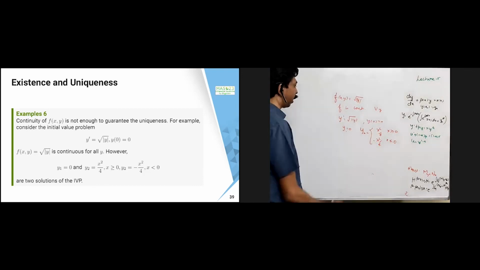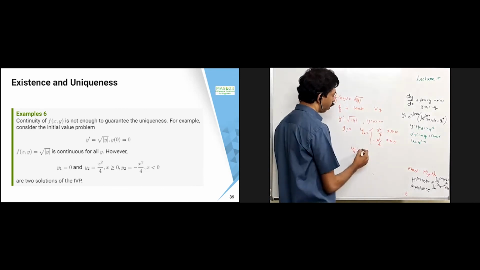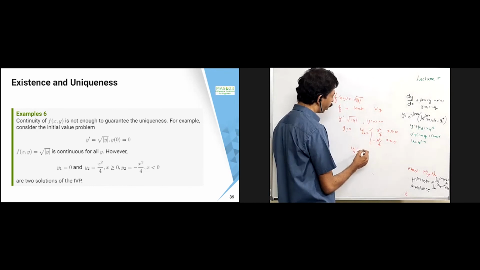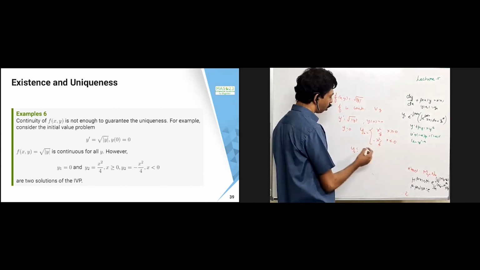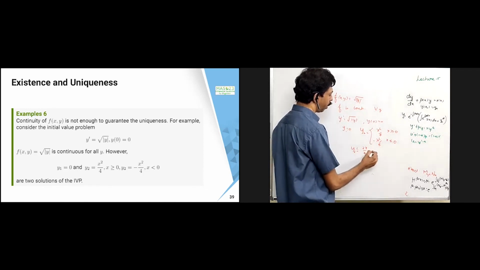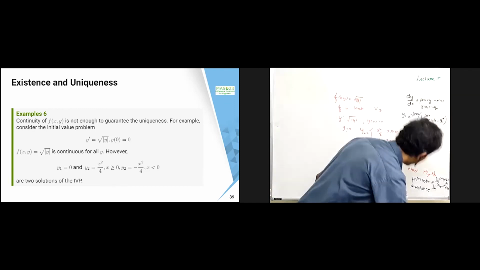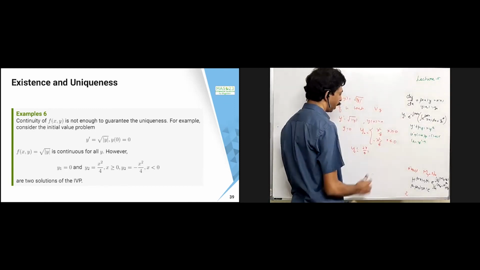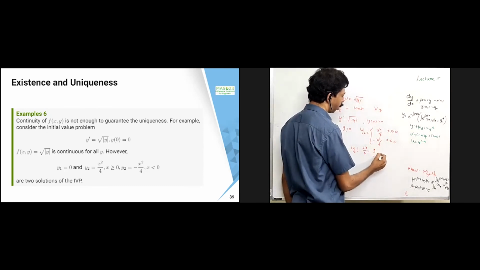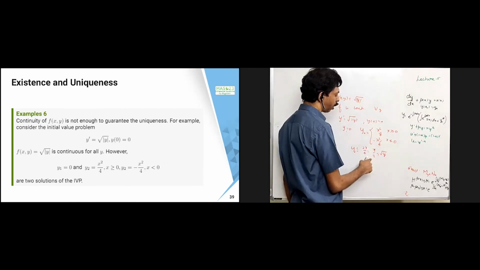In this case you can check what y2' is. y2' is going to be 2x by 4, which is x by 2, which is nothing but square root of y, because square root of x squared by 4 is x by 2.